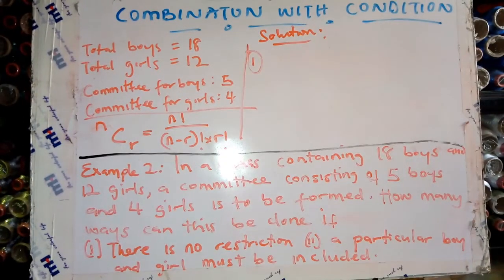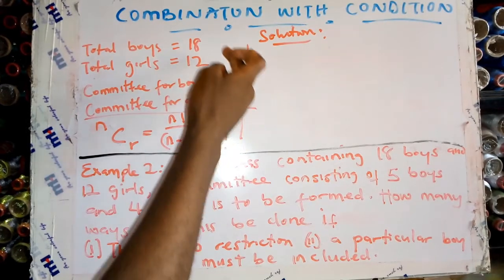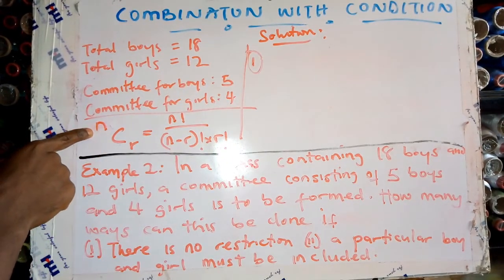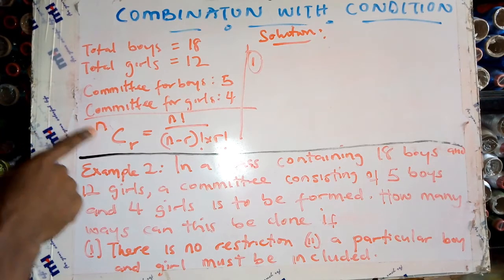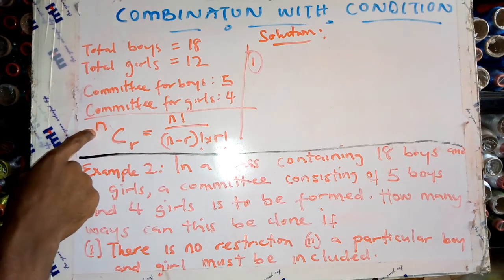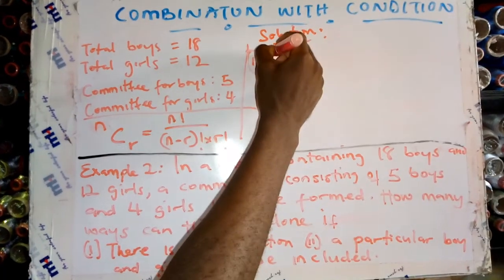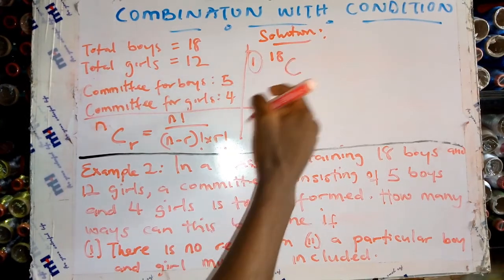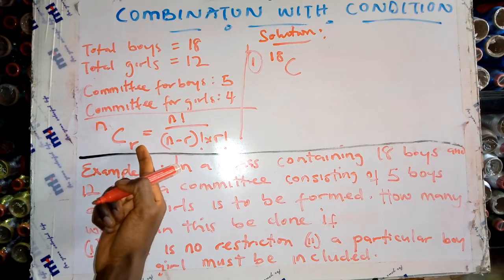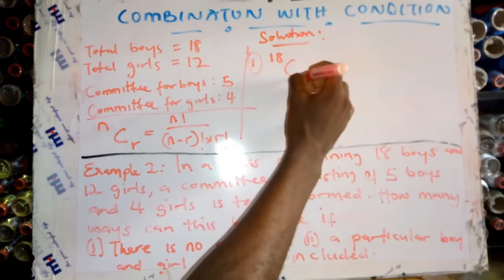Like I said, our n represents the total number of objects in the set and r represents the total number of objects to be chosen. The total number of boys is 18, so that will be 18 combination, and then the r, the number of boys to be chosen, represents 5.